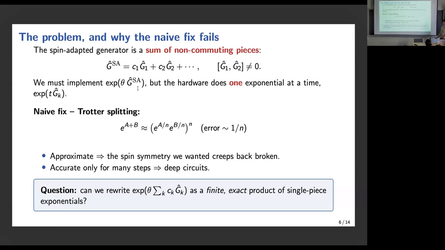And you're also going to get an approximation because there is a Trotter error that's going to creep in, and you don't want that to happen. So again, the question that we're left with at this point is how do we rewrite the unitary coming from the spin adapted generators as a finite exact product of single exponentials?